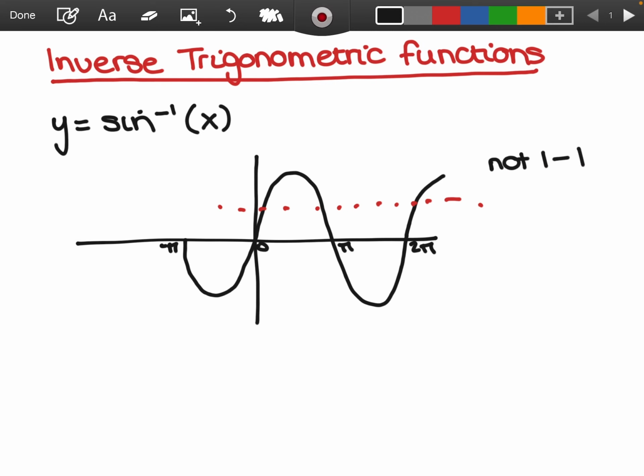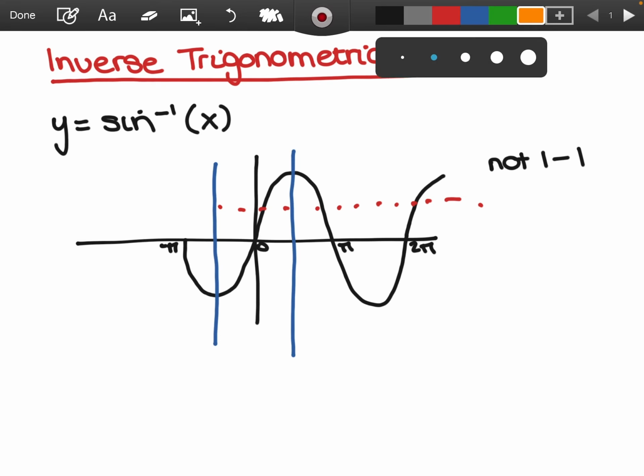So what we're going to do, like we did in some of those inverse function examples before in our previous videos, in order to get an inverse function for sine, we're actually going to restrict its domain. And for sine, it's going to change for cosine, keep this in mind. In order to restrict this domain, I'm going to restrict it to between -pi/2 and pi/2.